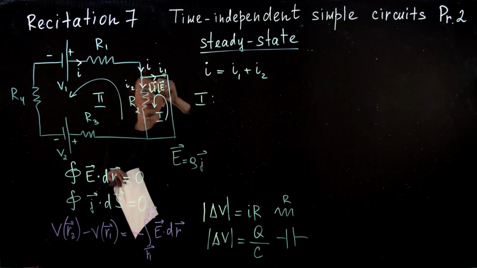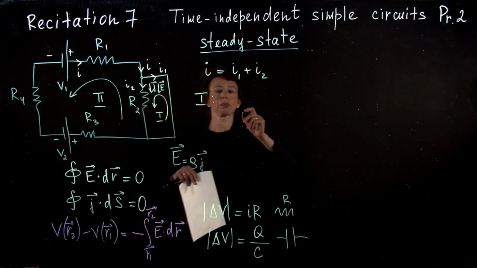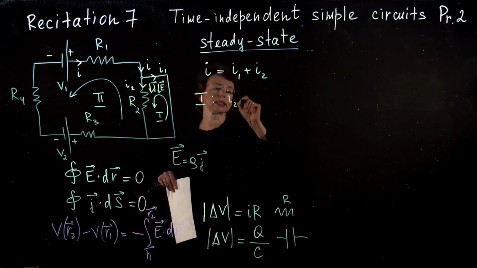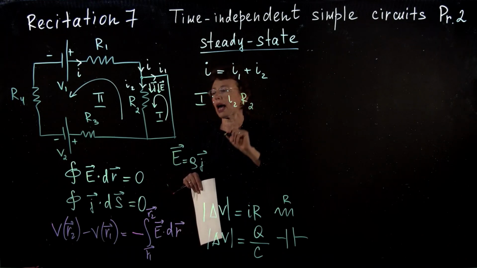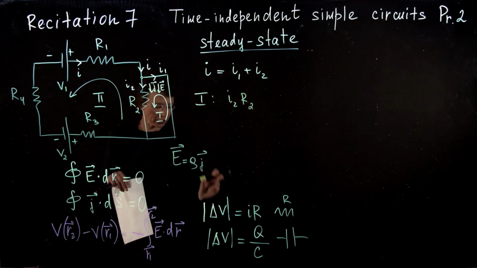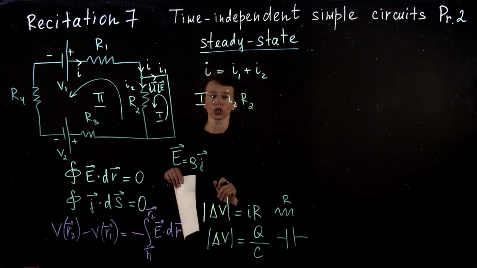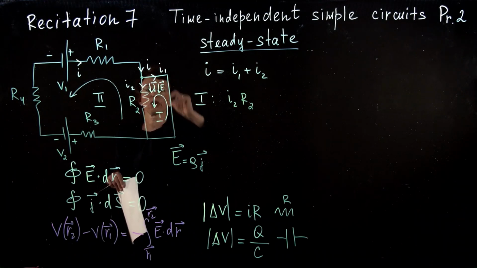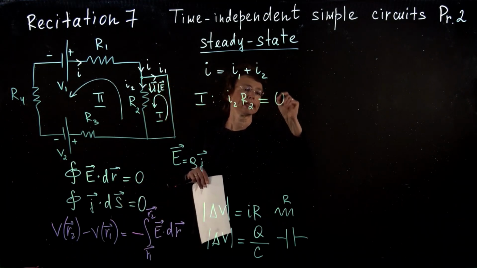Electric field is down and dr is down, so I put plus. All this is not important because we already see what's happening. Plus I2 R2, IR is the voltage change across the resistor. Then we keep going. Those are ideal wires. We close the loop and it's 0.